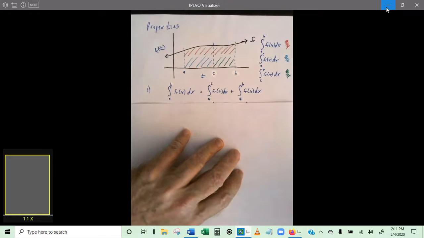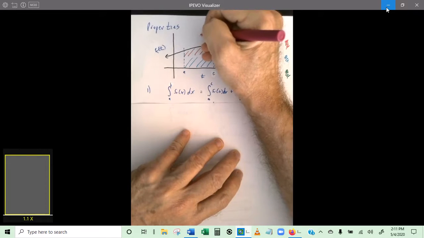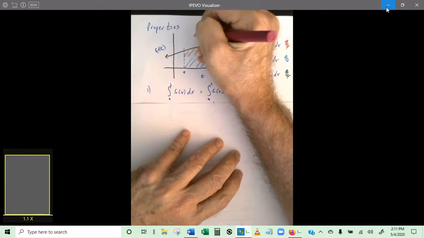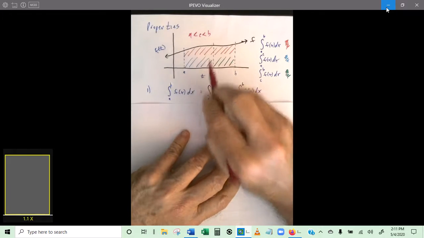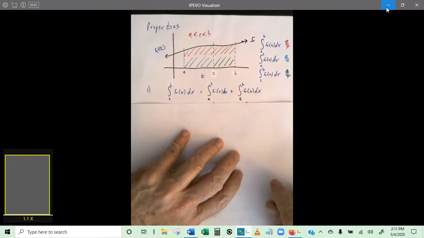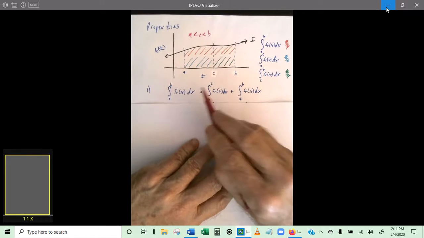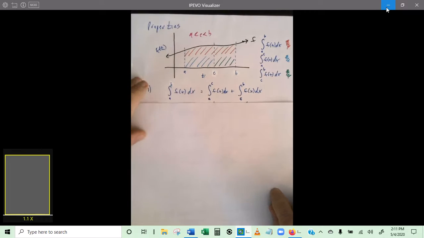In other words, if C is less than B and greater than A, so C is a point between A and B on that interval A to B, then that area plus that area equals that area, right? Does that make sense? Okay, so that's the first one right there.